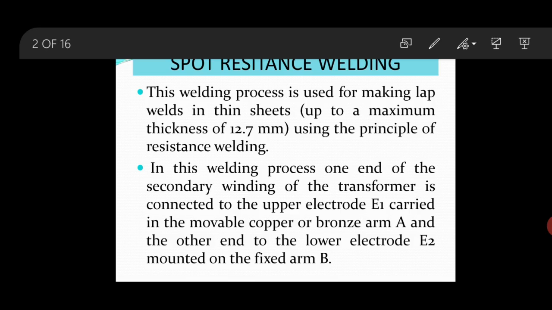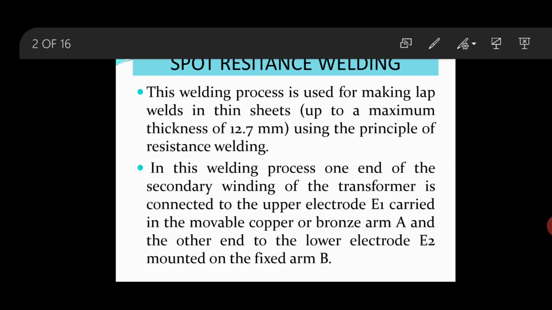We have already discussed the principle of resistance welding. In this welding process, we need a source of electric energy. That source of electric power here is a transformer.